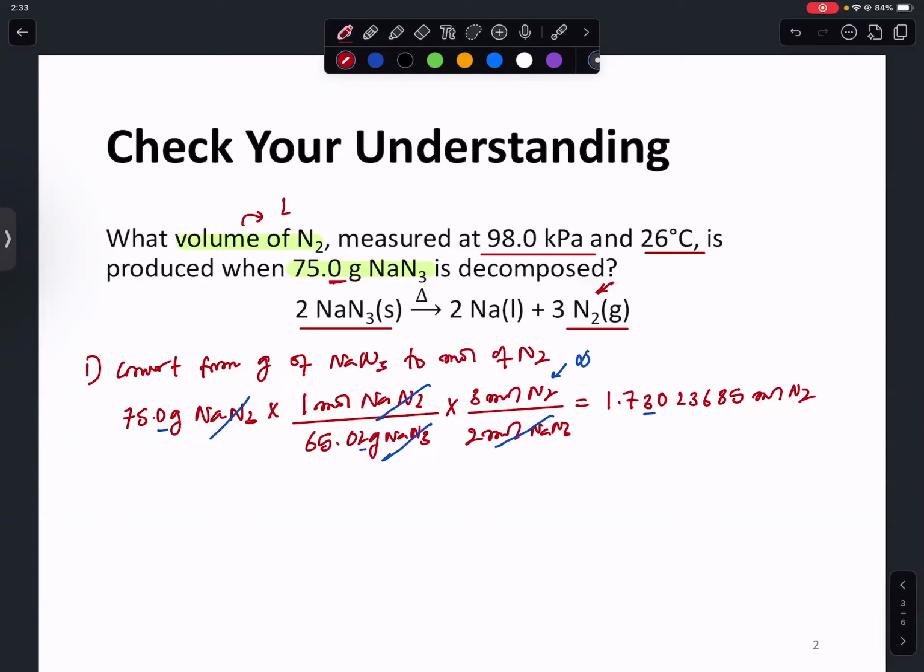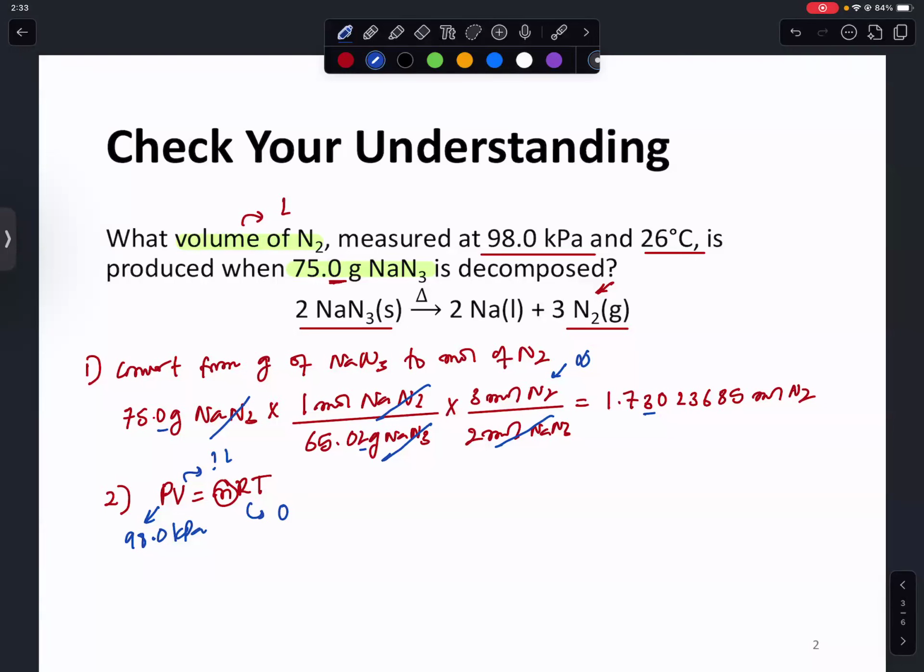Now, the second thing is once I obtained the moles of nitrogen, I'm going to use PV equals nRT. Now, look, there is the number of moles. I'm given the pressure in the question, which is 98.0 kilopascals. I want to find the volume in liters.